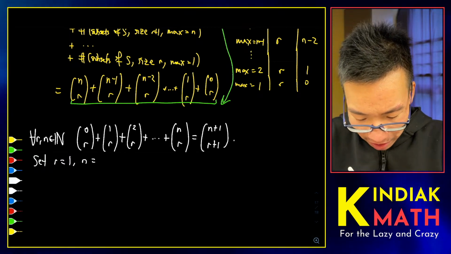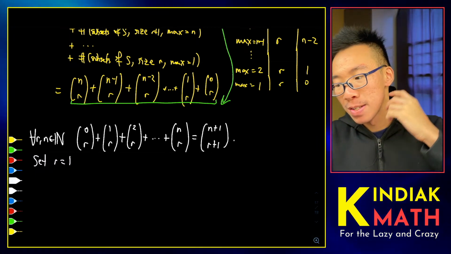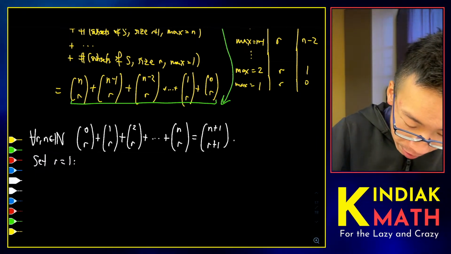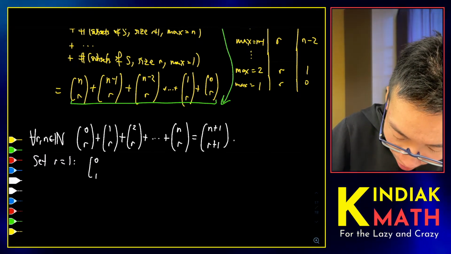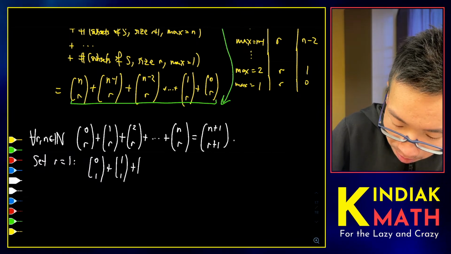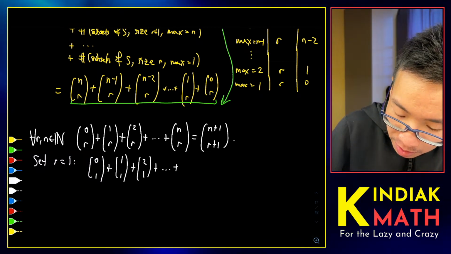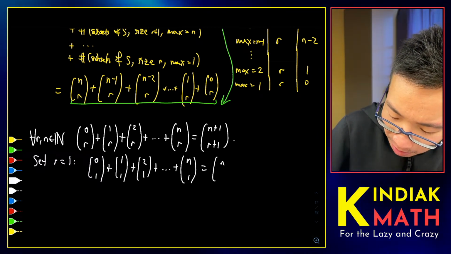Set r equals 1, something interesting really happens. We're going to get 0 choose 1 plus 1 choose 1 plus 2 choose 1 all the way to n choose 1 equals n plus 1 choose 1.